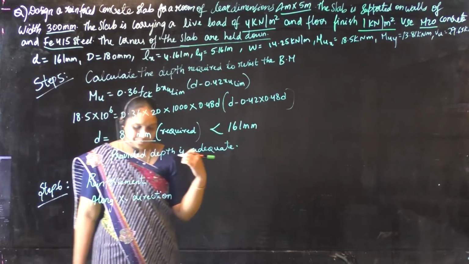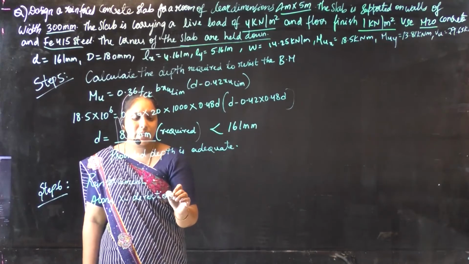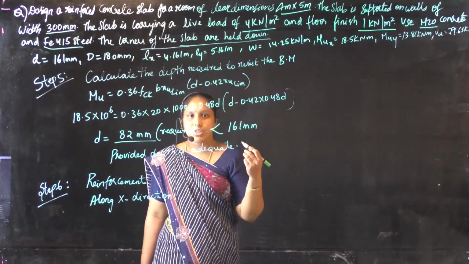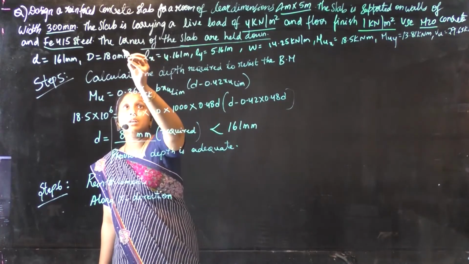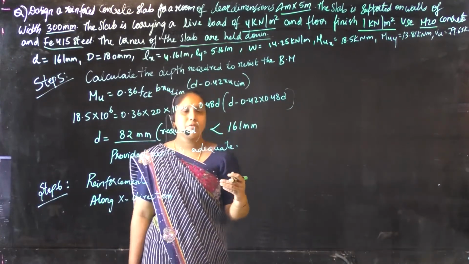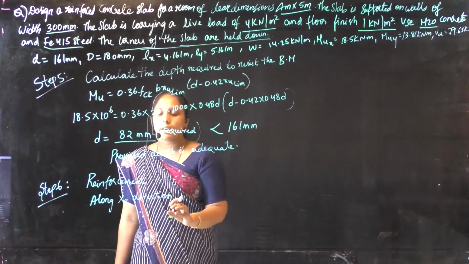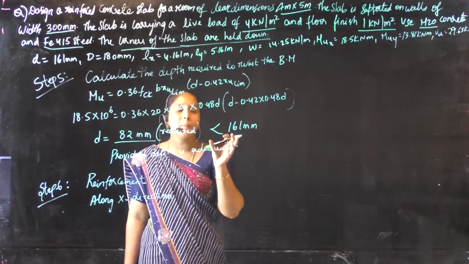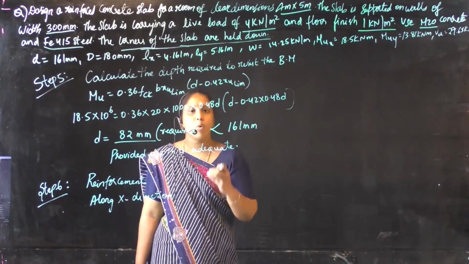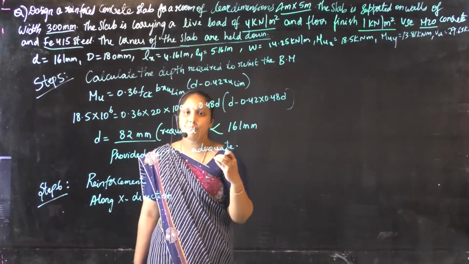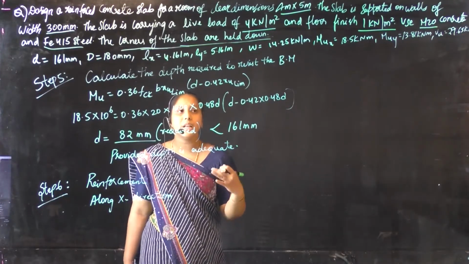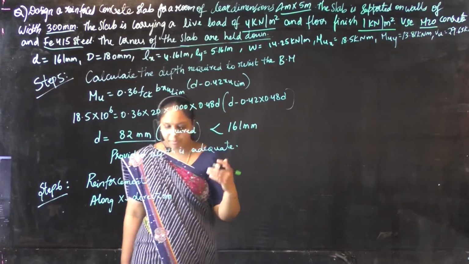How will we calculate the reinforcement along the x direction? When the corners of the slab are held down, we have to calculate the reinforcement only for the middle strip. So first we have to calculate the length of the middle strip.